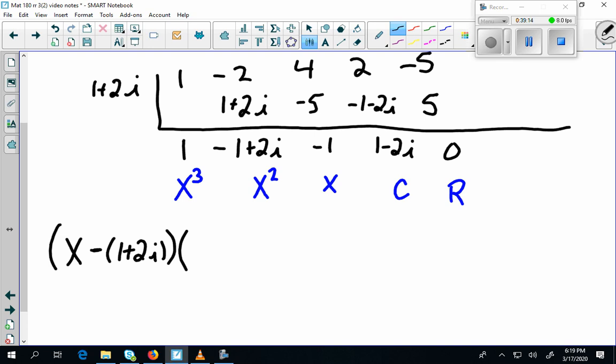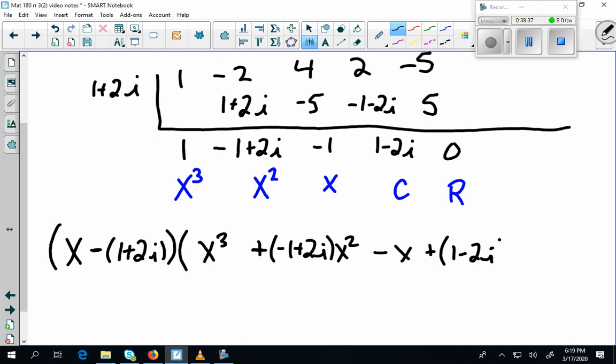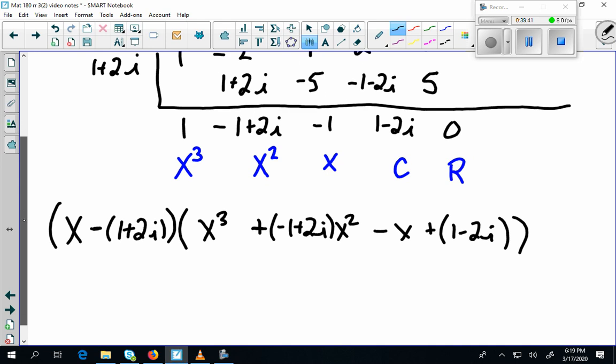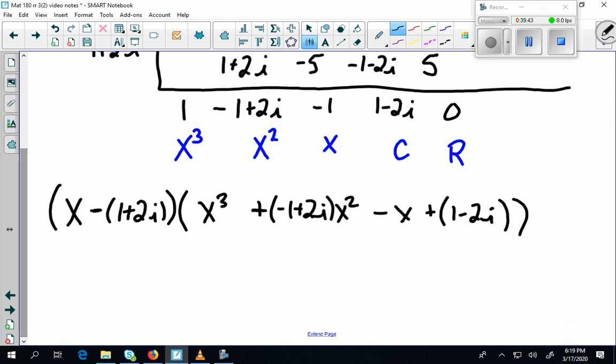So it's going to be 1x to the third, plus negative 1 plus 2i x squared, has a complex coefficient there, minus x, plus 1 minus 2i is my constant. And then I maybe want to factor this other part here.